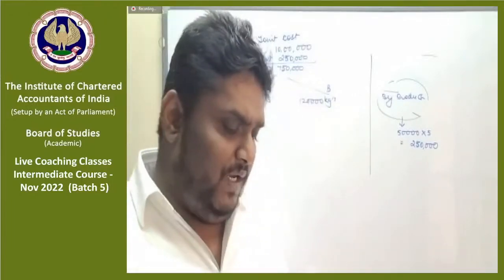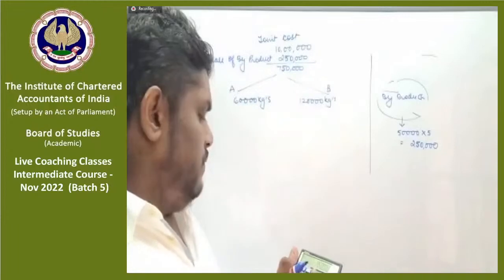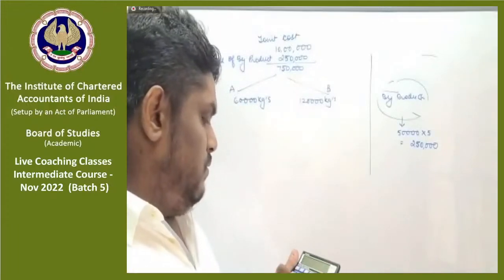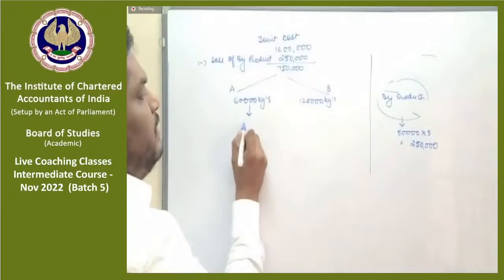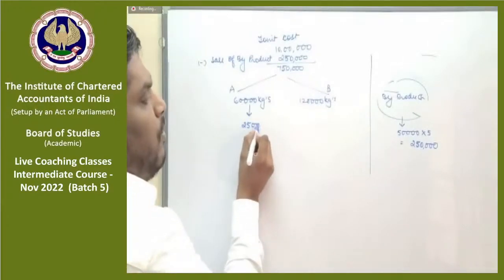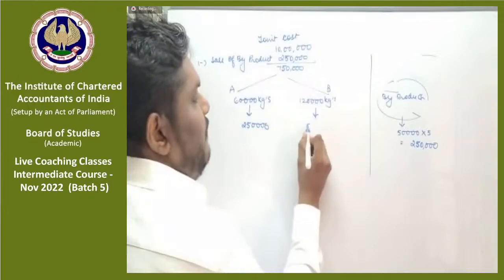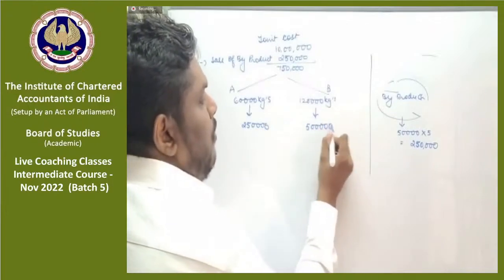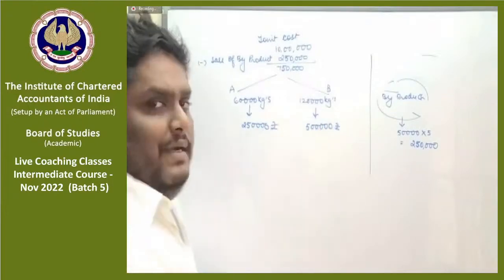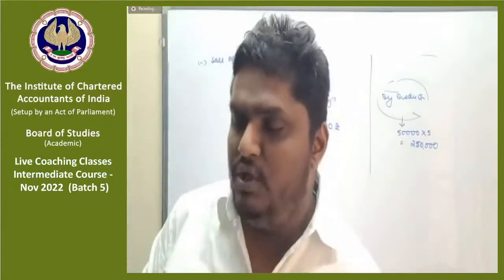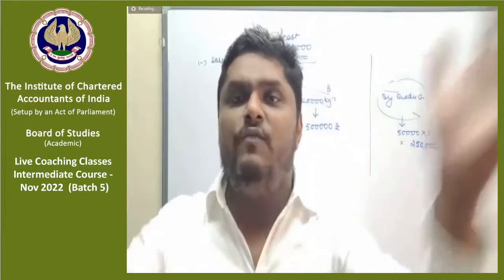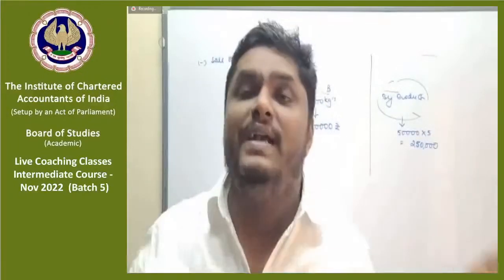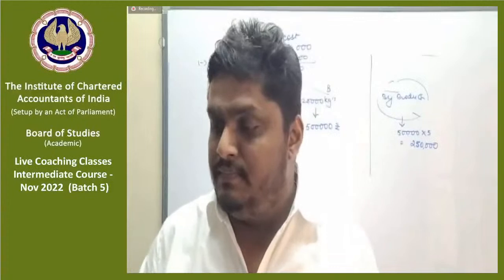So 750 divided by 3 gives 250, so this will be 2,50,000 and this will be 5,00,000. That's it. This is all about this question, question number 1. Rest all, the selling price of product A and product B is completely irrelevant.